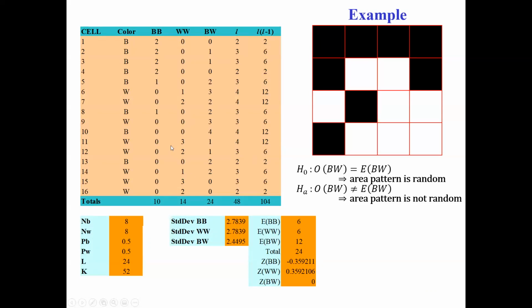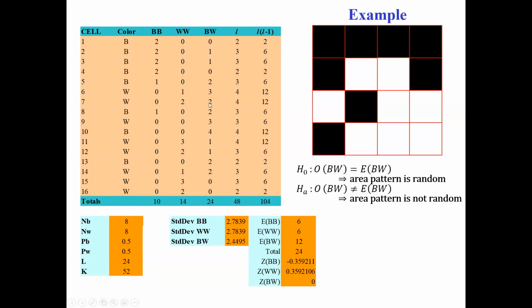Again, it's time-consuming work, but eventually you have this table, and total is simply the total for each column. So there are 10 BB joins, 14 WW joins, 24 BW joins. That's also the total number of joins on this chessboard, right? The sum of L is 48.